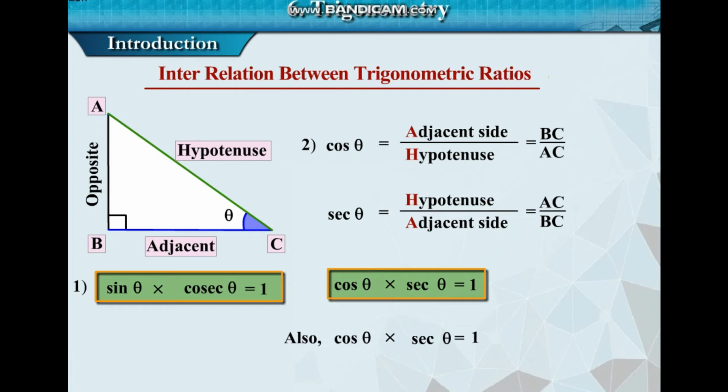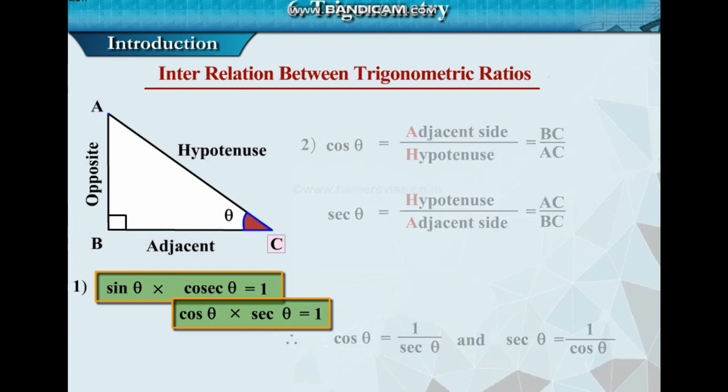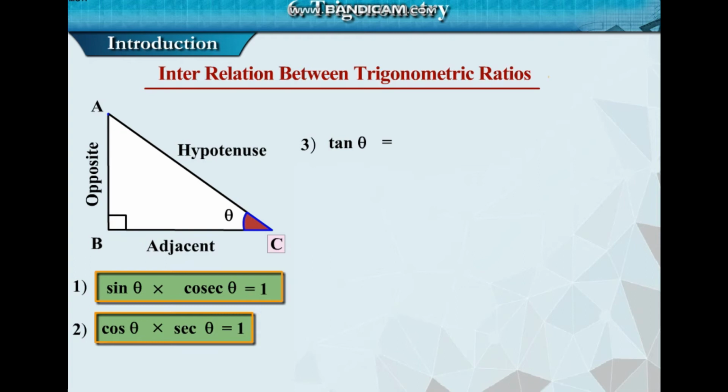Also, cos theta is equal to 1 upon sec theta and sec theta is equal to 1 upon cos theta.